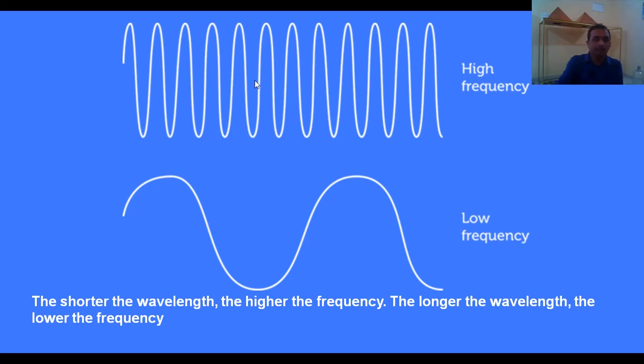In these two waves, this is shorter wavelength radiation. Shorter wavelength radiation has high frequency. Longer wavelength radiation has low frequency. So the shorter the wavelength, the higher the frequency; the longer the wavelength, the lower the frequency.